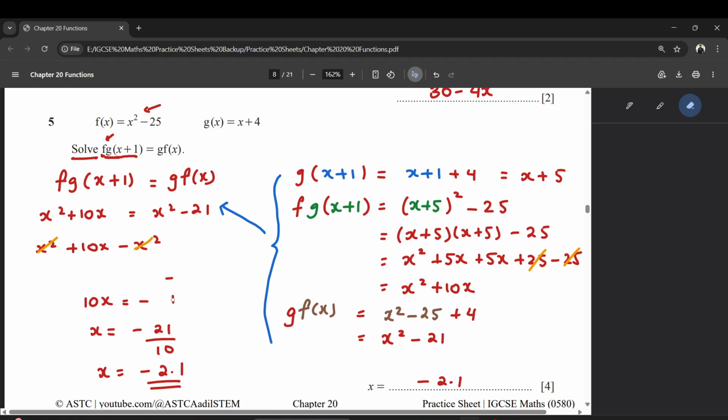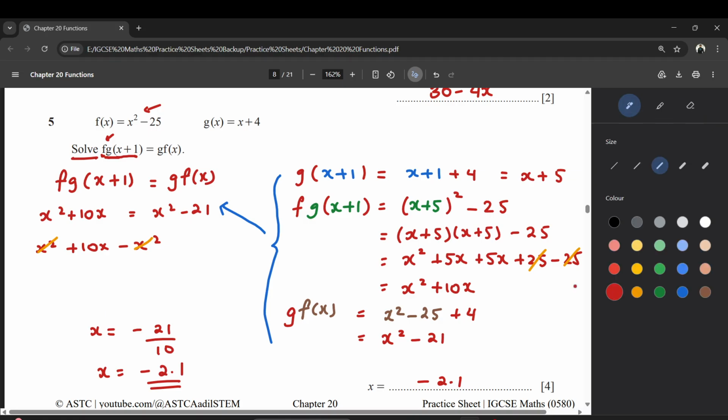So over here we have x squared plus 10x. This x squared goes to the left hand side, and I do not move minus 21. It is still on the right hand side. So what I'm left with is 10x equals minus 21, and then the rest of the steps are as follows. All right, so that is the end of our video.